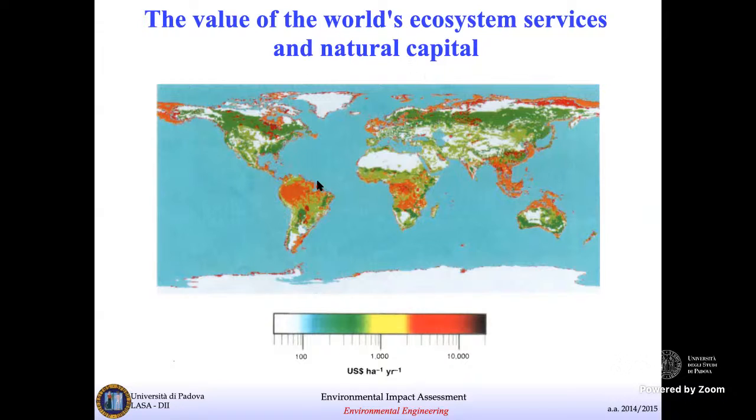Of course, you may recognize here that the Amazon forest spots in red, because it is the so-called lung of the Earth, in which a significant part of the oxygen of our atmosphere is produced, and this happens in all the equatorial areas.